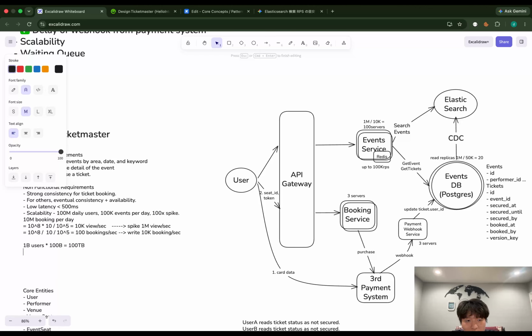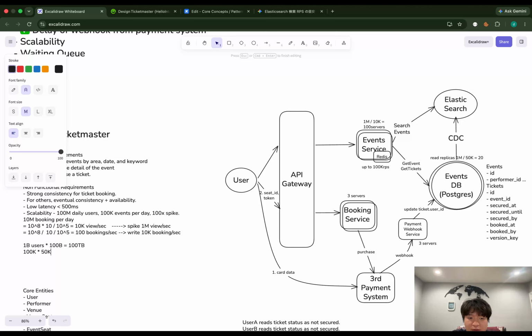And for events, this is tricky because when I create 100K events, each event has maybe 10,000 or maybe 50,000 seat records.